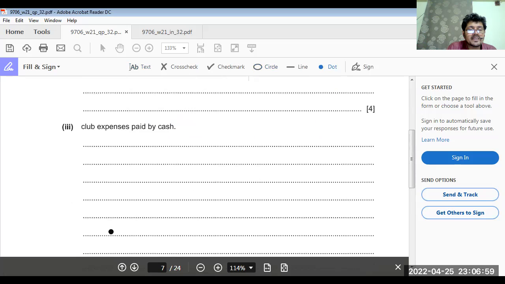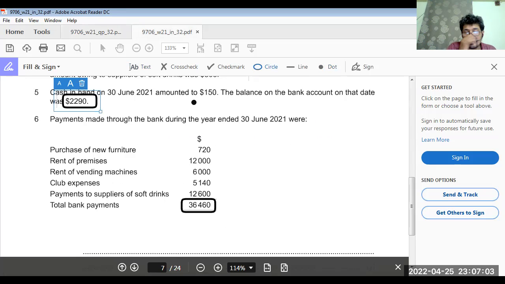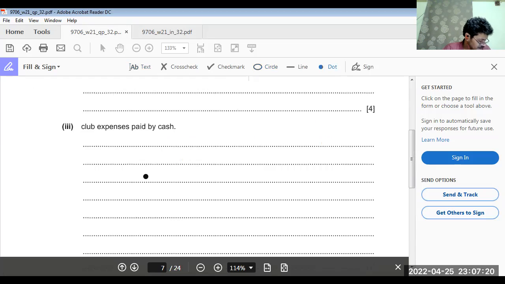Now, club expenses paid by cash. Again, a missing figure. Club expenses 5140 is paid from the bank. Okay. And so I think we must make a T account for cash. Okay. We are making a T account for cash.